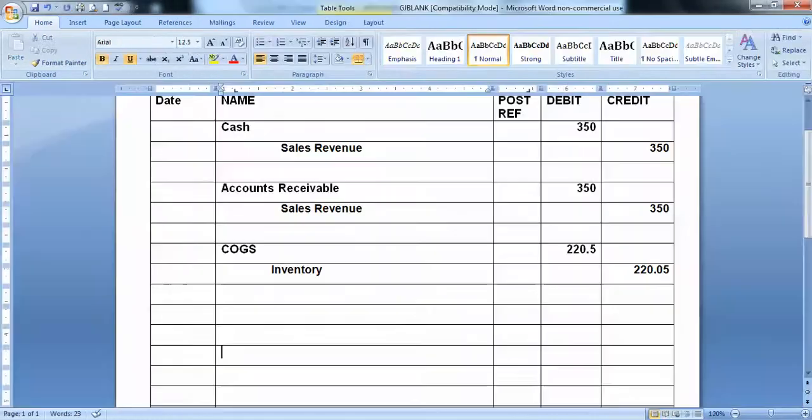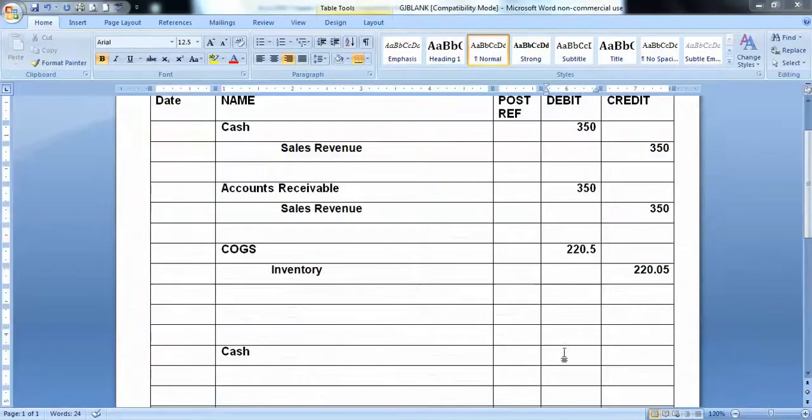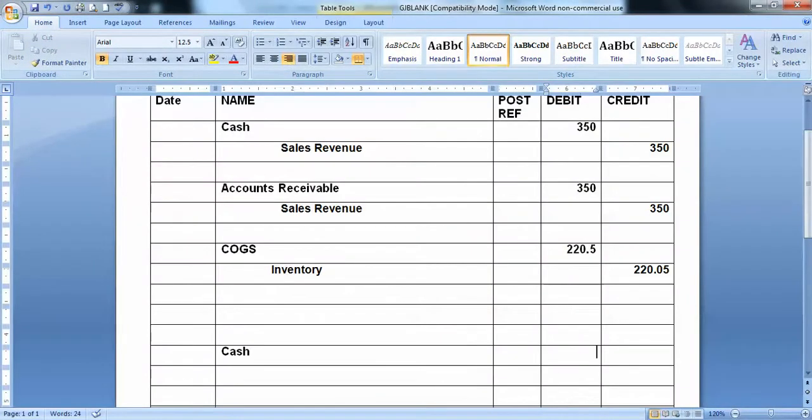So in order to write the journal entry, we are going to have to record that we got cash in the door. And how much cash did we get in the door? 350 minus 3.50 is $346.50, the amount of cash that the Access Center will be sending to us in order to settle up their accounts receivable.